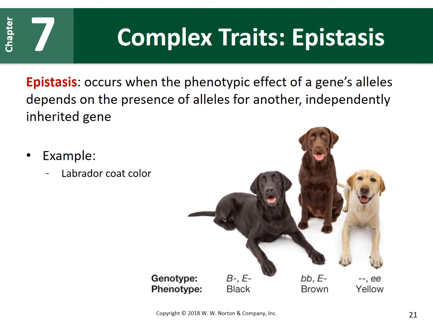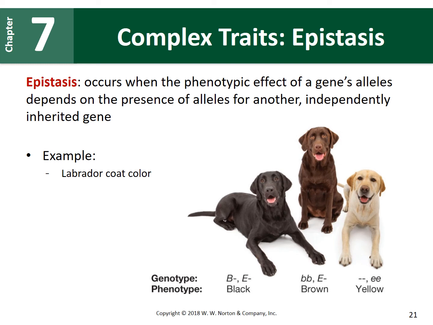Epistasis is very complex. So this occurs when the phenotypic effect of a gene's alleles depends on the presence of alleles for another gene, or another independently inherited gene. So an example, in your book, they go through Labrador coat color, and I encourage you to read through that and see an example of it.